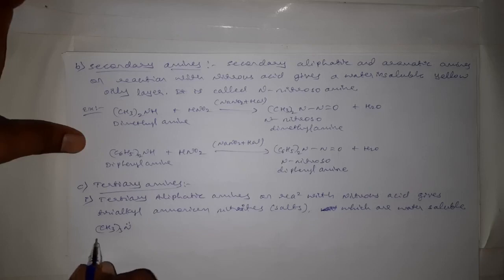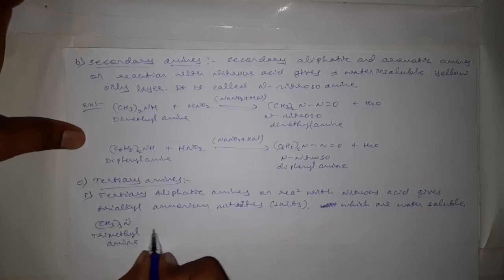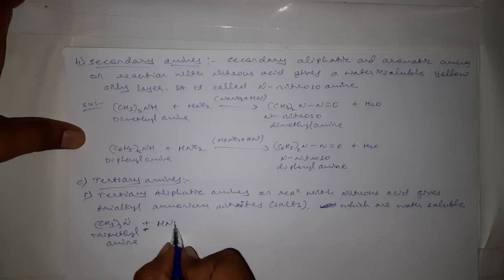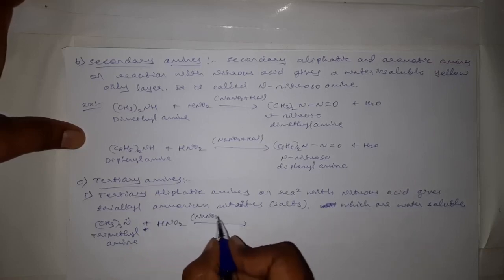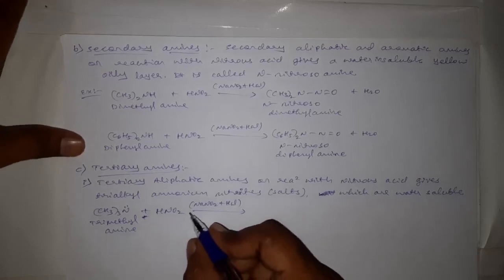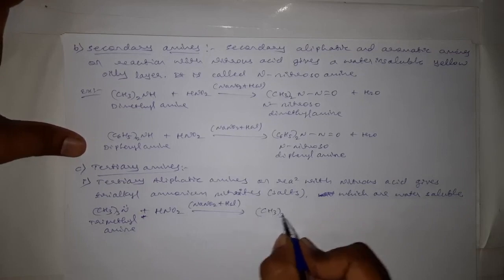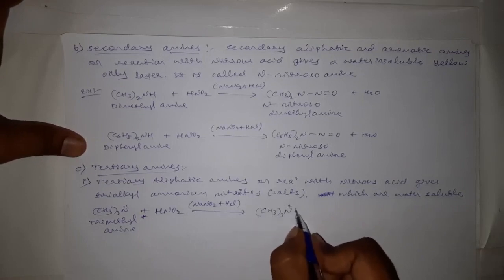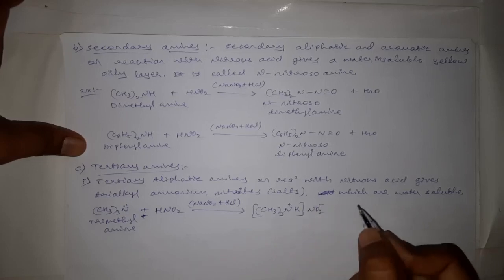See, when a tertiary aliphatic amine (CH3)3N, that is trimethylamine, is treated with a mixture of sodium nitrite NaNO2 plus HCl, it will react with the nitrous acid and it will form (CH3)3NH plus NO2 minus.